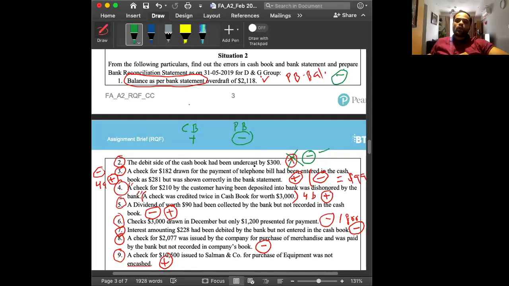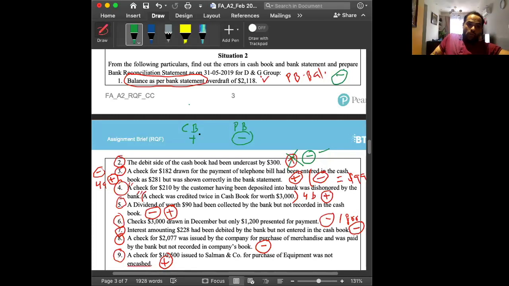Debit side of cash book is lacking $300, which means we need to add $300 in our cash book, on the debit side. So $300 plus.